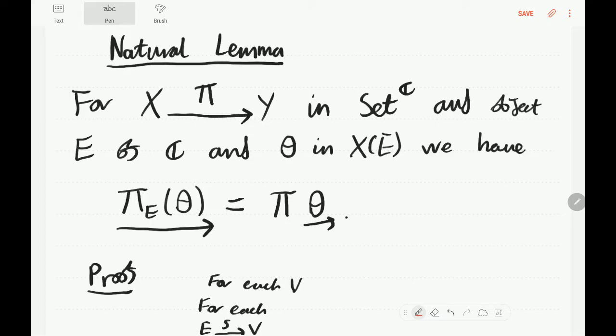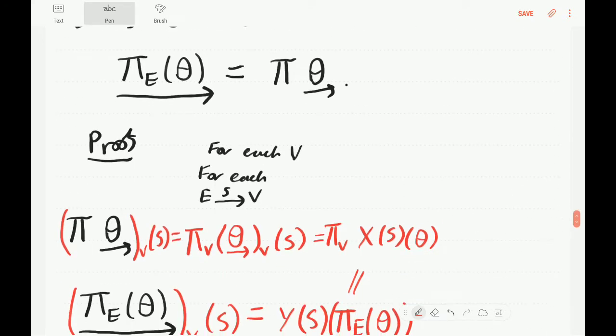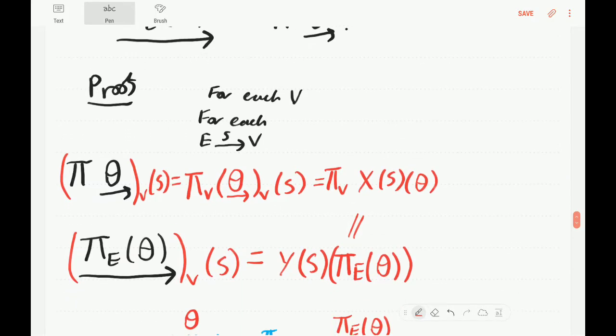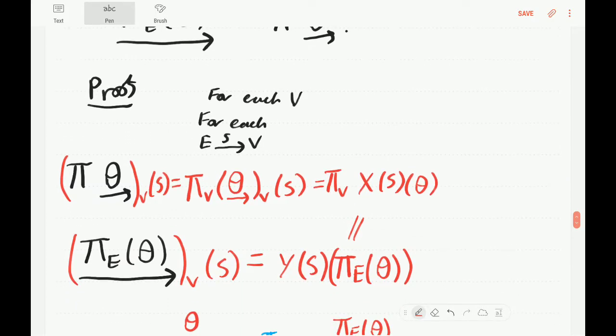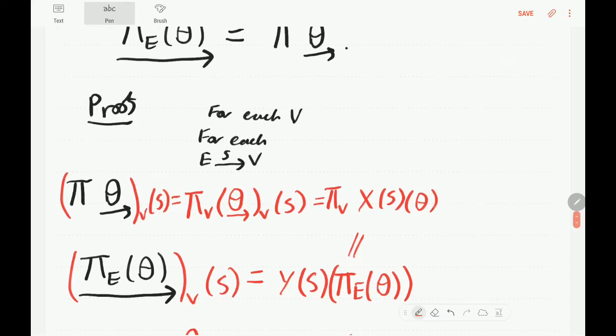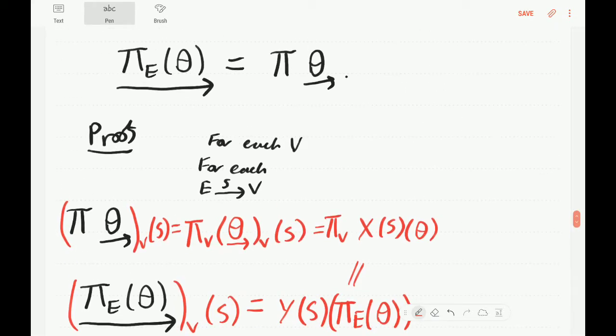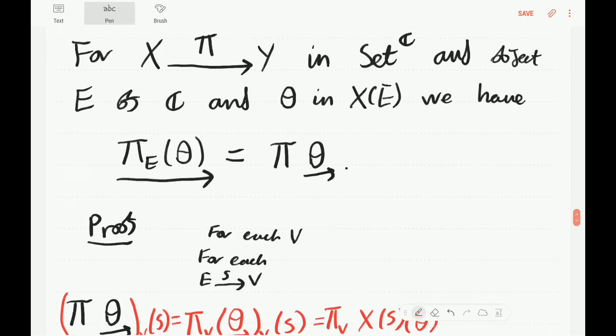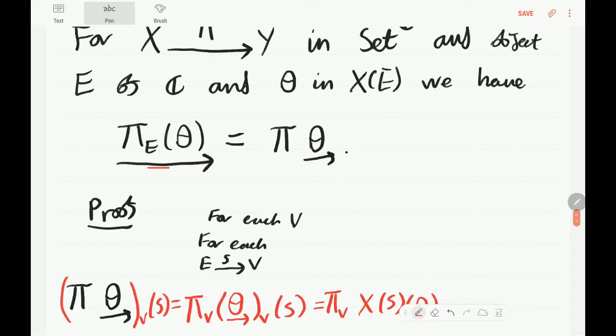So how do we prove this? Well, again, we basically just use the way that this Yoneda correspondence works and play around a bit with the algebra, and we get the equality. It's a similar sort of approach to what we did with the last lemma.